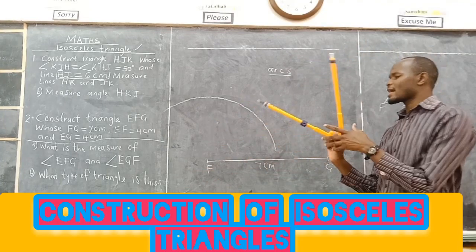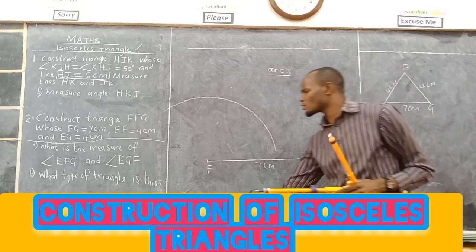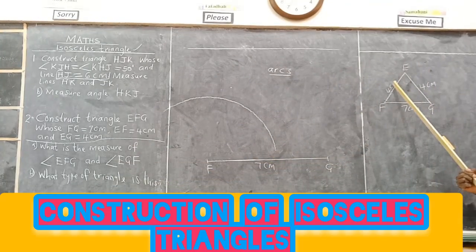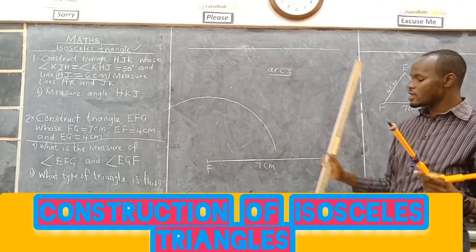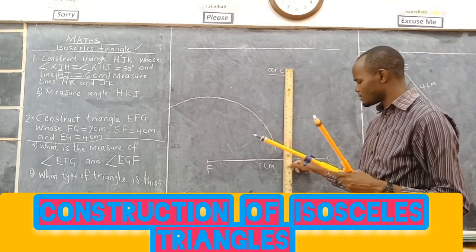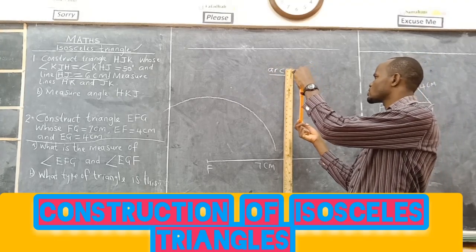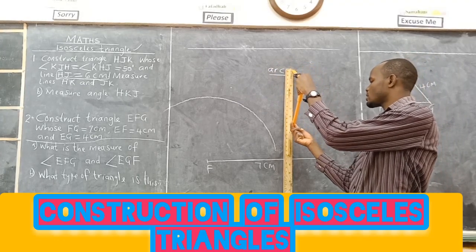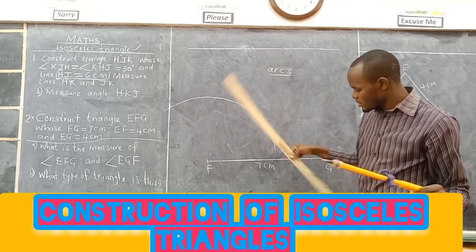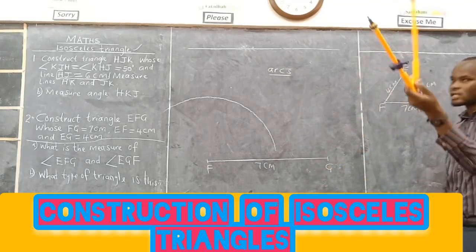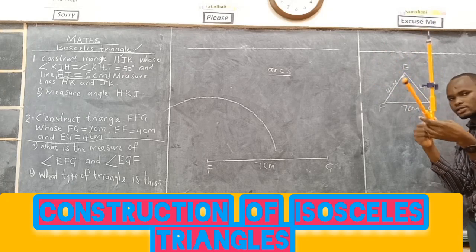After making that arc, you don't need to measure 4 centimeters again. You are told this one is 4 centimeters and this is 4 centimeters. If you measure, it will be the same, 4 centimeters. That is why you don't need to measure, because you are not going to adjust.